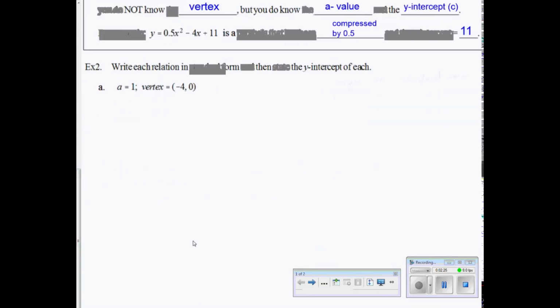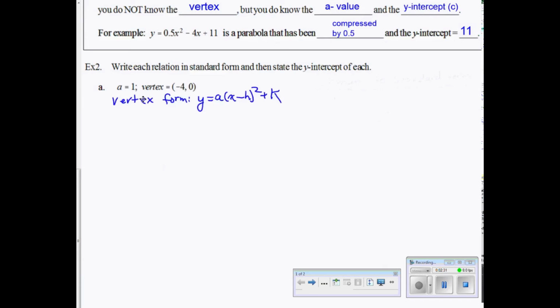And now, imagine I've asked you to write a relation where we've got a vertex of -4, 0, and a is 1.